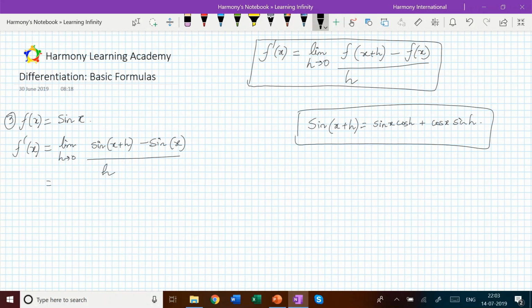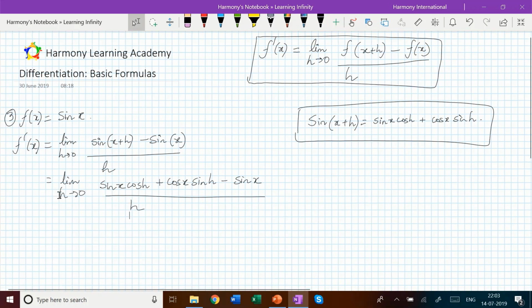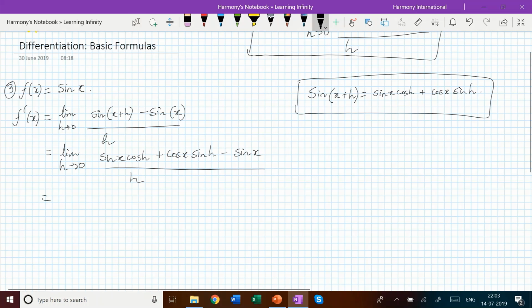Thus, putting it in our formula, limit h tends to 0 of sin x cos h plus cos x sin h minus sin x, by h. If we now put h equal to 0, cos 0 will be 1.